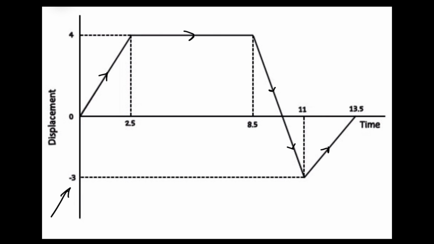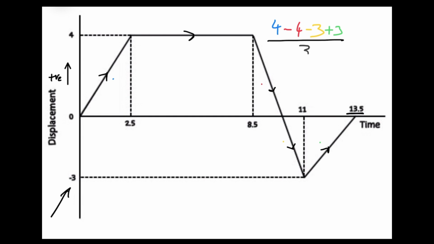If we total up these displacements, with the original 4 meter displacement being in the positive direction, then we have 4, take 4, take 3, and then plus 3. That's our total displacement. And then our total time is 13.5 seconds.